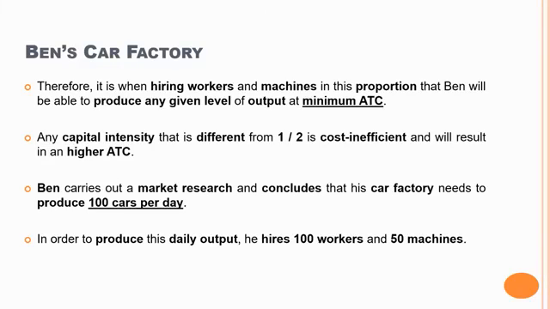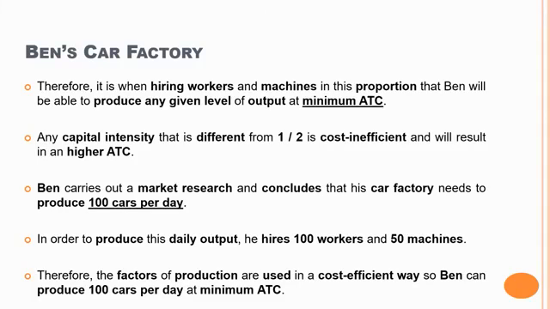And when we have this combination of inputs, we can indeed produce 100 cars. This is what the production function would tell us, the relationship between input and output. Good. So the factors of production are used in a cost-efficient way, so Ben can produce 100 cars per day at minimum cost. No problem. Everything is good so far, but you will see that things are going to change now.